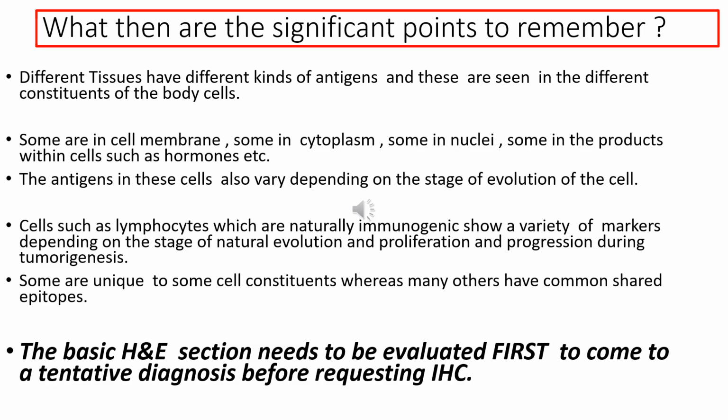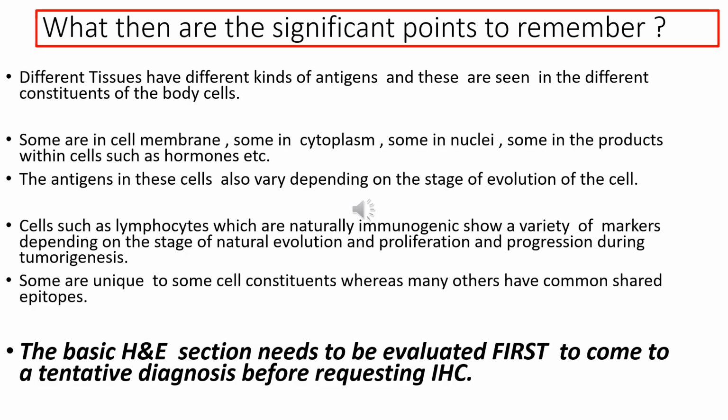In fact, lymphocytes are cells which are very immunogenic naturally, and hence they show a variety of markers depending on the stage of their natural evolution, proliferation, and progression, not only during normal development but also during tumorigenesis.